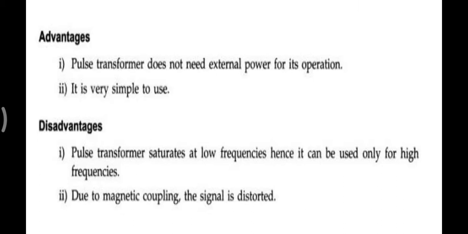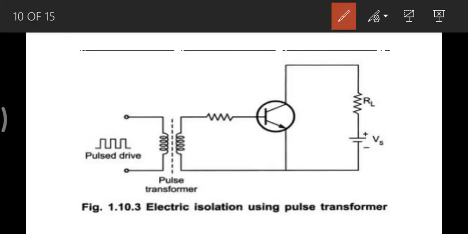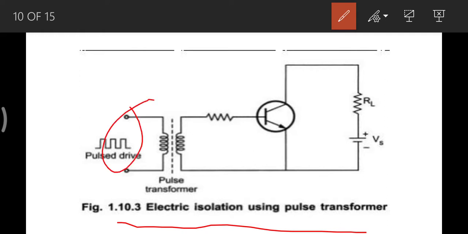See here, this is the diagram related to electrical isolation using a pulse transformer. A pulse transformer has one primary and one secondary winding. It is normally used for pulsed mode of triggering.